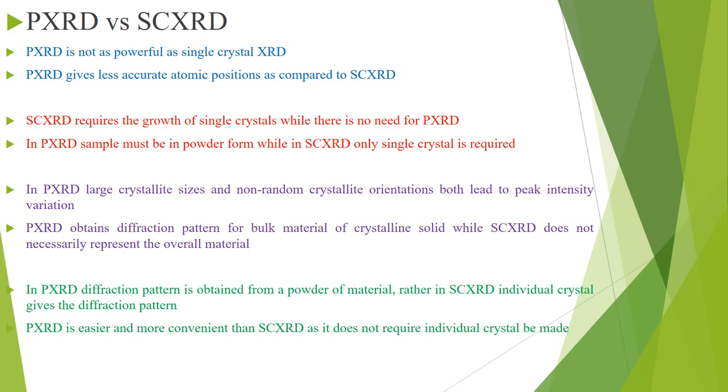In powder XRD, the diffraction pattern is obtained from a powder of the material, while in single crystal XRD, individual crystals give the diffraction pattern. Powder XRD is easier and more convenient than single crystal XRD, as it does not require individual crystals to be made.